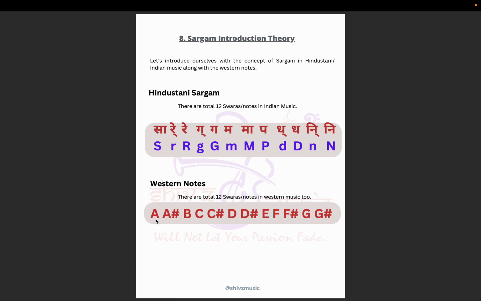Again, if you count 1, 2, 3, 4, 5, 6, 7, 8, 9, 10, 11, and 12, there are a total of 12 notes in Western music too. What a coincidence or correlation. Now you might think that Sa is always A. It's not like that. We will see just now.